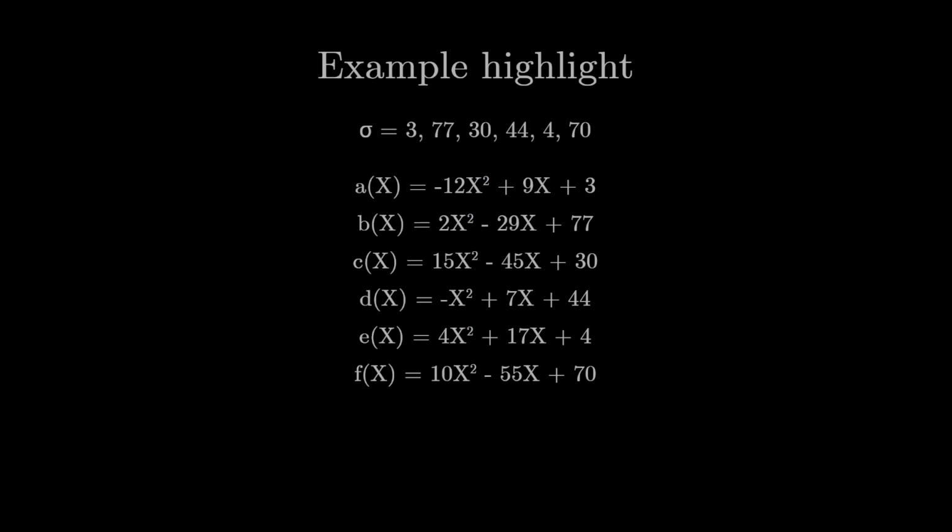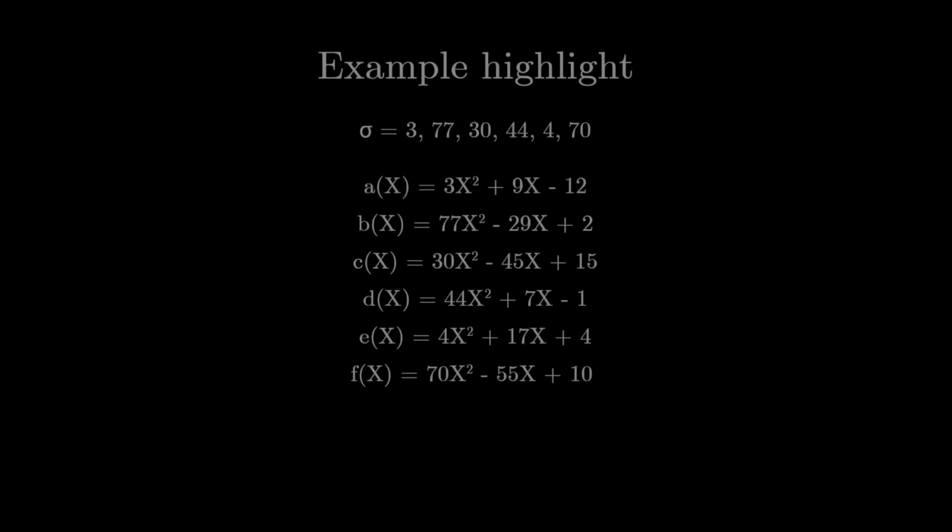And actually, we can take the example of A, B, C, D, and F polynomials, like so. You can see on the right, the constant term is exactly the seed, as I mentioned. Now, we could also mirror those polynomials, like so, and they are still a solution to the equations mentioned above.